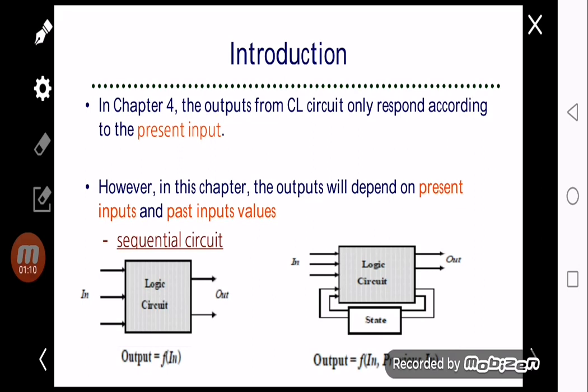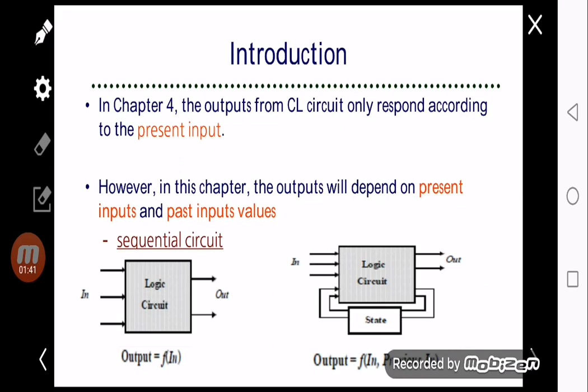So what is a combinational logic circuit? A combinational logic circuit is one where the output only responds accordingly to the present input. That means the output can only change depending on the present input. When the input changes, the output will change based on the input that passes through the combinational circuit.